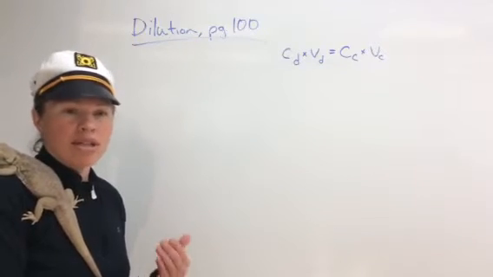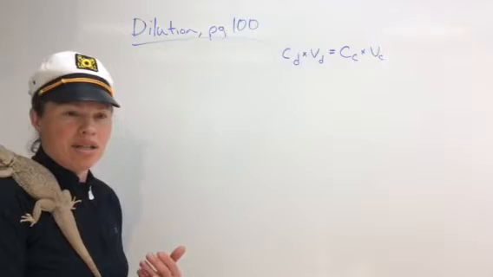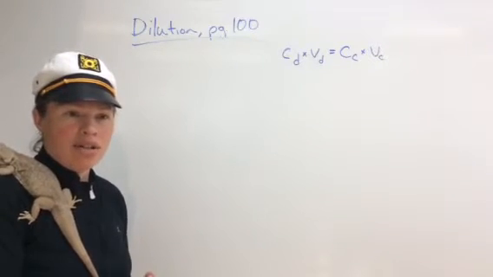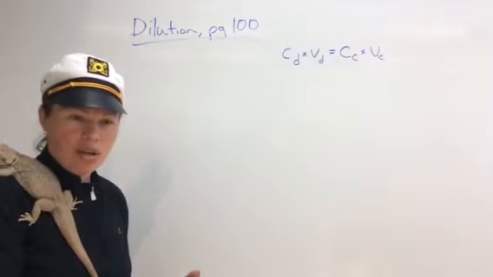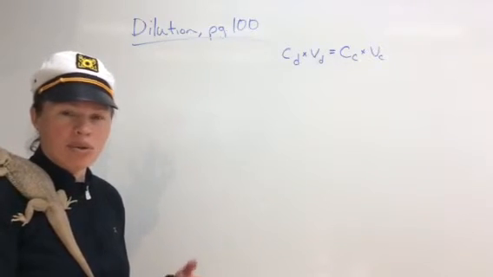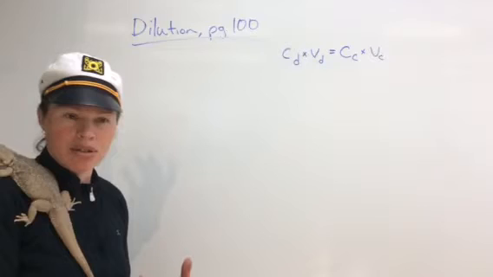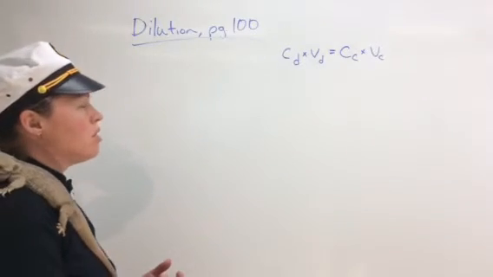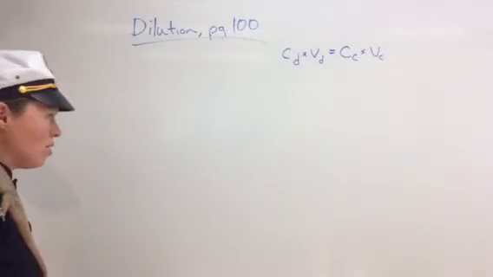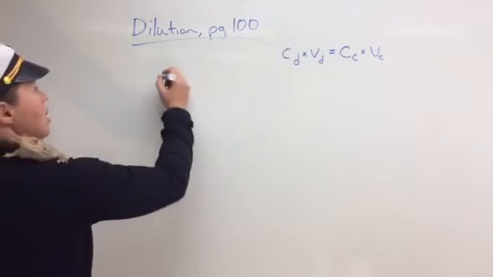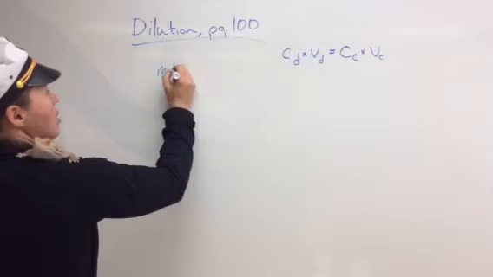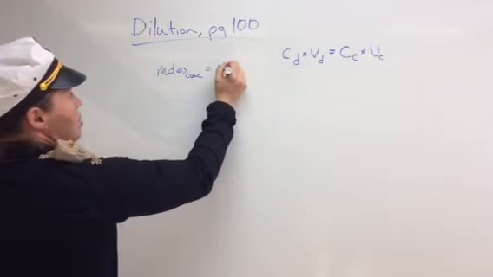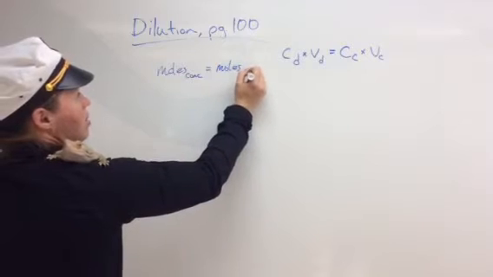So it's the amount of dilution that tells you what the concentration is, but the moles, the number of actual particles, is still the same no matter how much water you add to it. So the way that we say that in chemistry is that the moles in the concentrated form are equal to the moles in the diluted form.